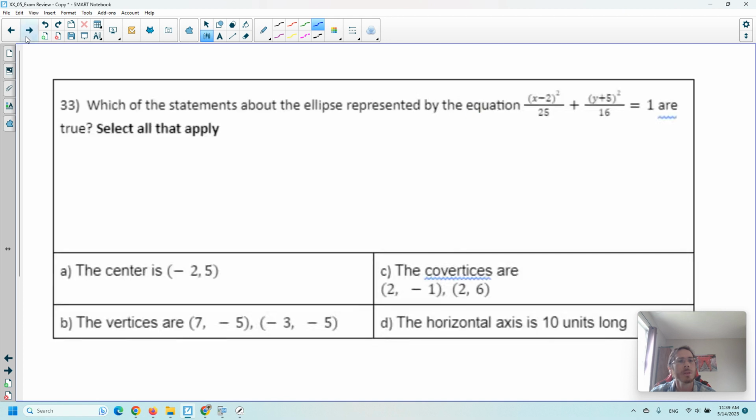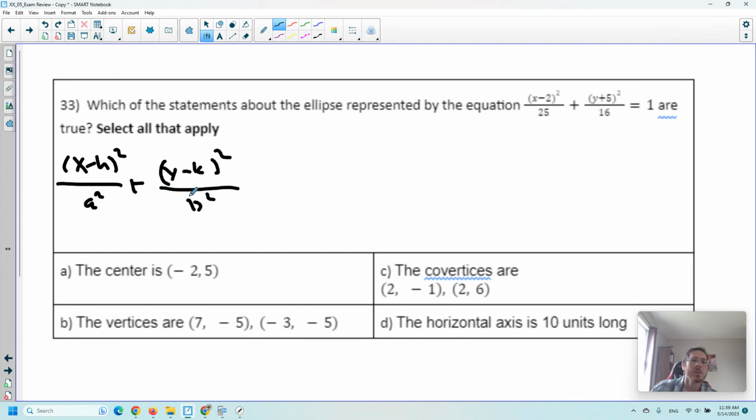For number 33, which of the statements about the ellipse are true? Select all that apply. So for the ellipse, again, our equation from geometry was x minus h squared over a squared plus y minus k squared over b squared equals 1.